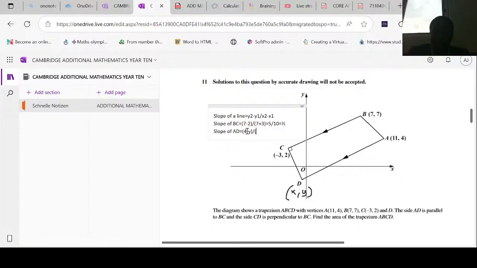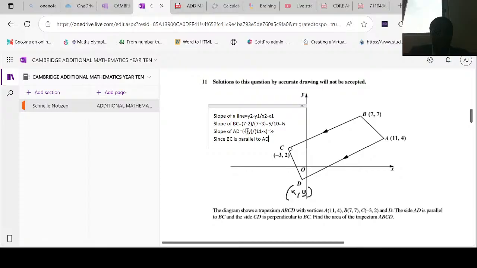What did they ask us to find? Area of trapezium. So we might need to find out the coordinate. 11 minus x, isn't it? Everything has to be the same as what? 1 over 2. True or false? Yes, because ABC is parallel to what?